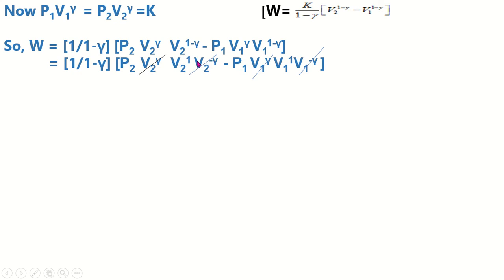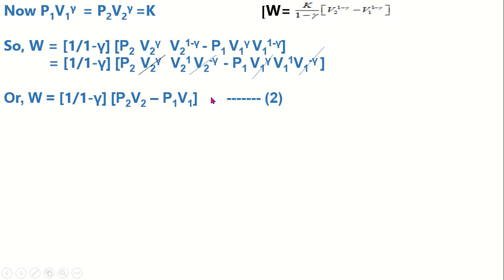Similarly, minus P1 V1 to the power gamma into V1 to the power 1 and V1 to the power minus gamma. So look here, V2 to the power gamma and V2 to the power minus gamma can cancel each other, isn't it? Similarly here also, V1 to the power gamma and V1 to the power minus gamma cancel each other. So what will remain? W equal to 1 by 1 minus gamma into P2 V2 minus P1 V1. Equation 2.